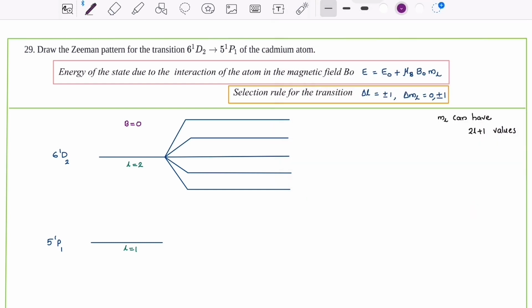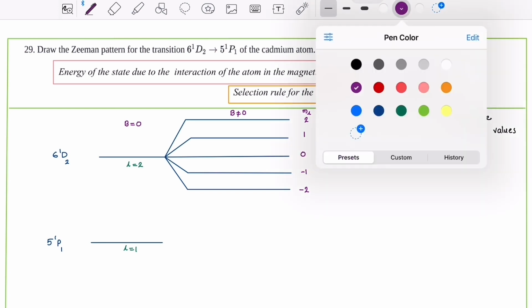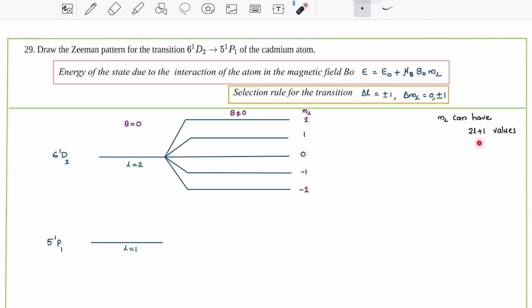When you switch on the magnetic field, L is equal to 2 level splits into 5 components with ML is equal to 2, 1, 0, -1 and -2. This is because ML can have 2L plus 1 values, therefore energy can also have 2L plus 1 values.